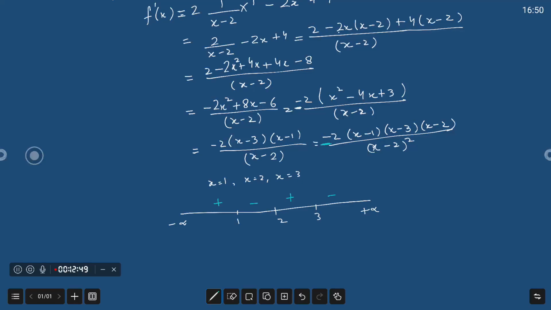But because you had one of these factors in the denominator, that means x cannot be equal to 2. x cannot be equal to 2, right? So that means this function is now strictly increasing in which interval?